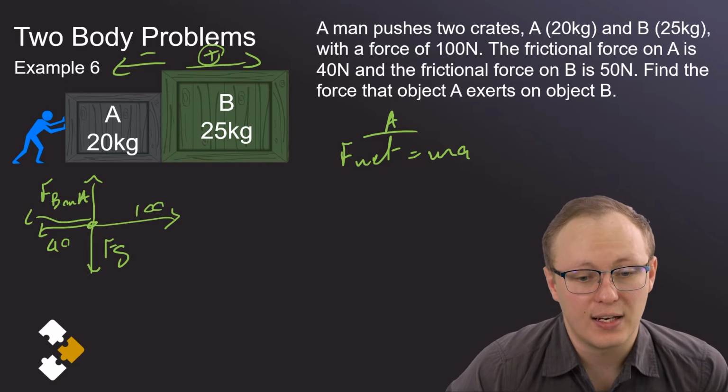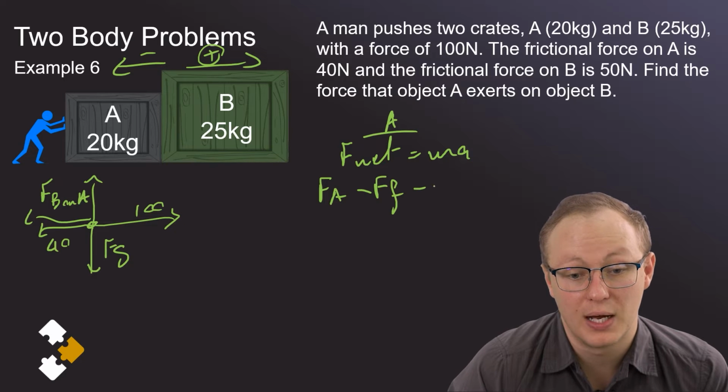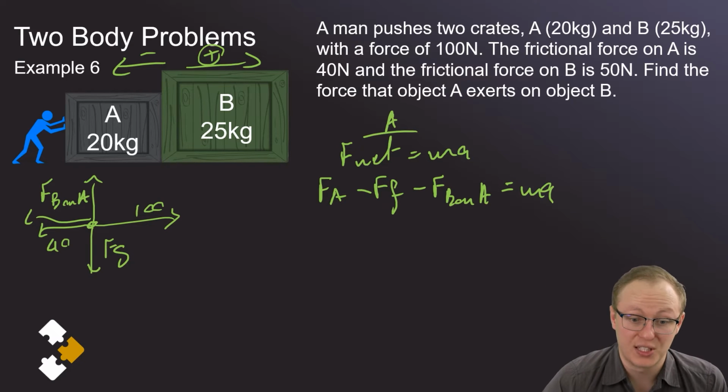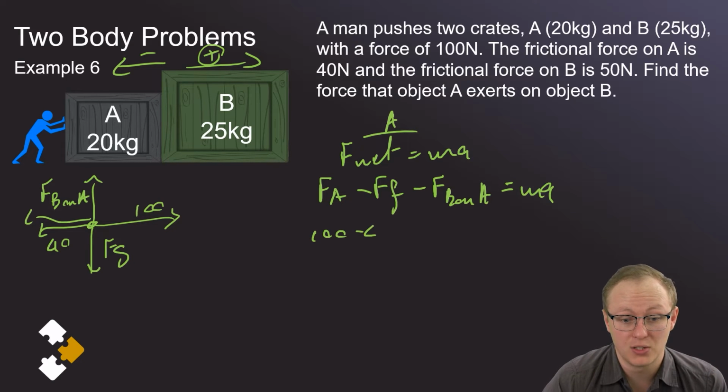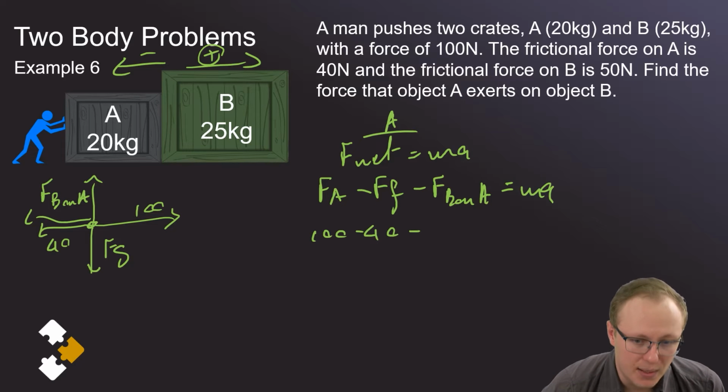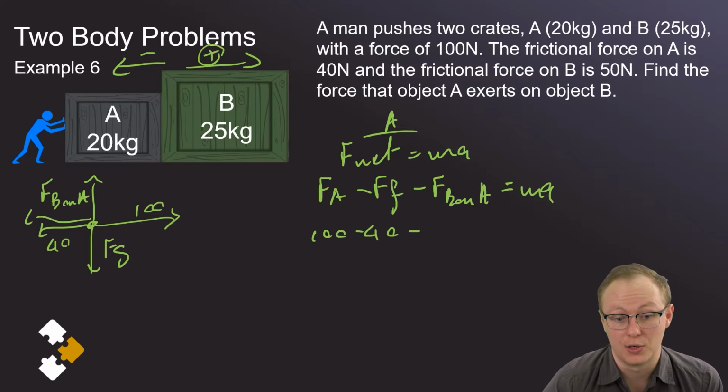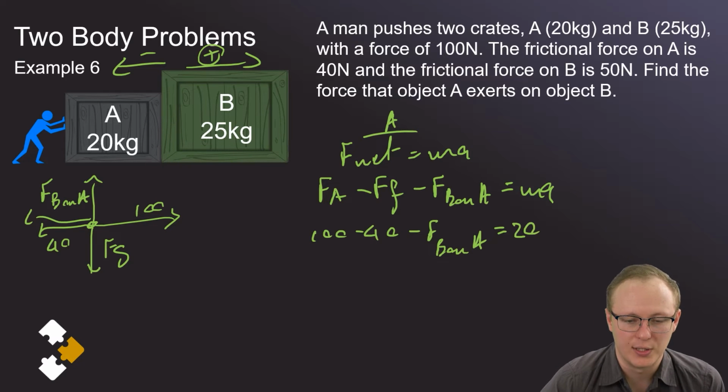We're going to get the applied force to the right minus the friction to the left minus the force of B on A to the left, which is equal to ma, and we can sub in. We can say 100 minus the 40 minus F of B on A, which we don't know yet, that's actually what we're trying to find, is equal to ma, and that's going to be 20a.